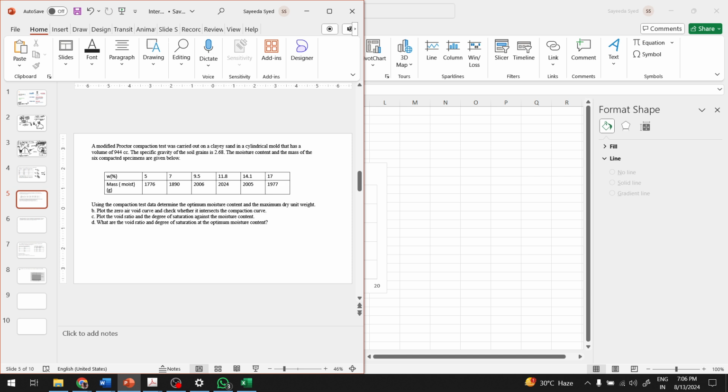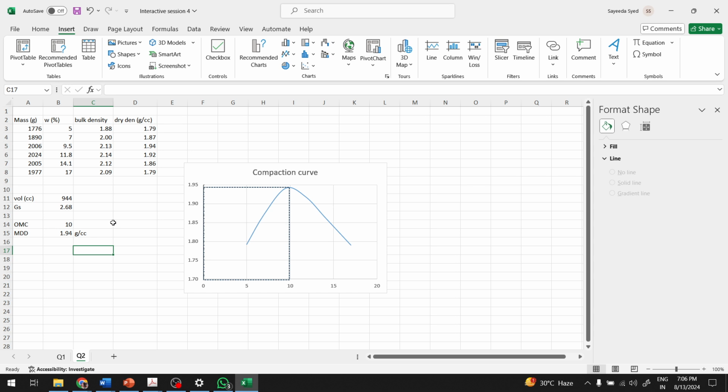So zero air void is full saturation. Now we have been given, just like in the previous question, what we will do, we will take S equal to 100 for ZAV. So we will take gamma ZAV, zero air void, let's say density.